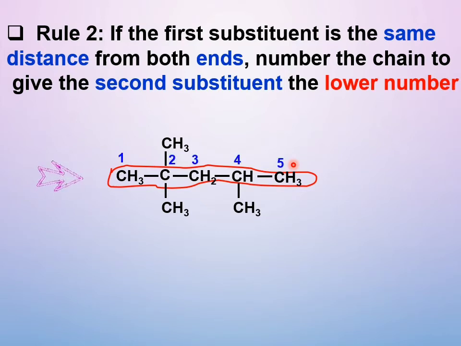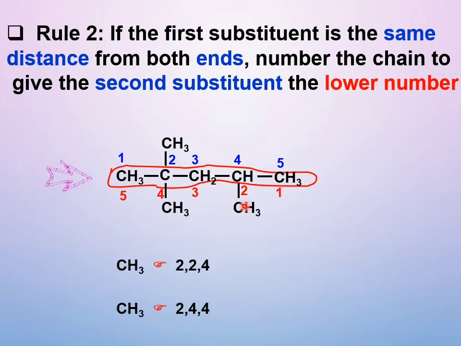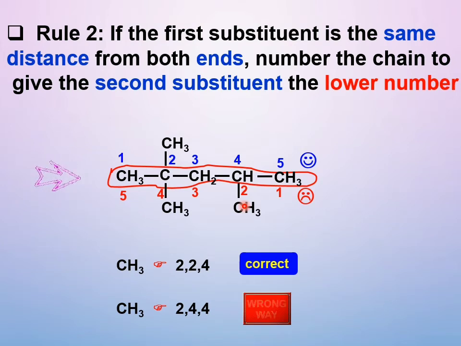This will give my substituents the lower set as 2, 2, 4. If I start with the end with the red numbering, the set will become 2, 4, 4. So 2, 2, 4 will be the correct way.